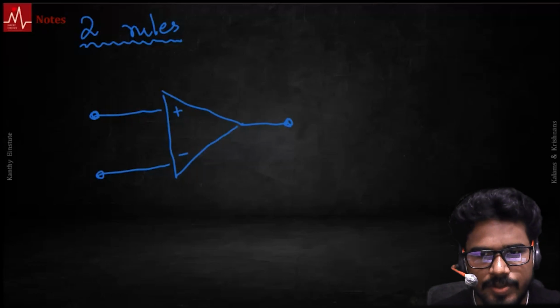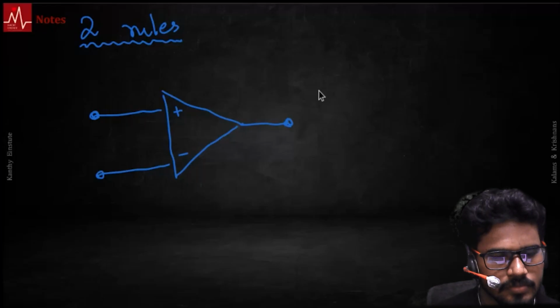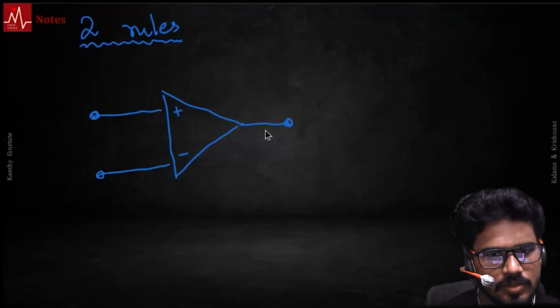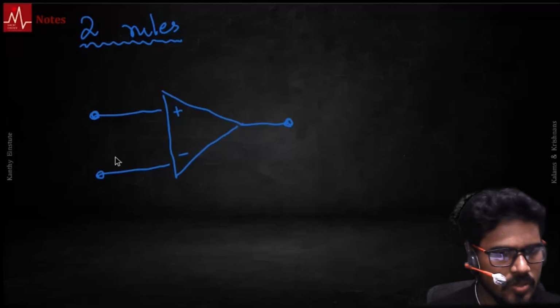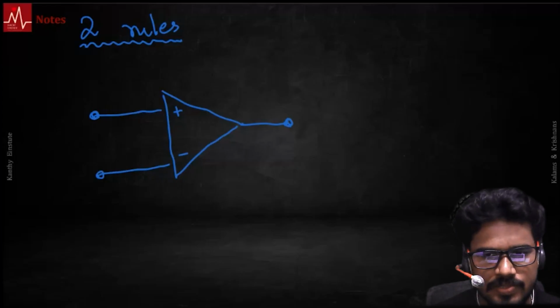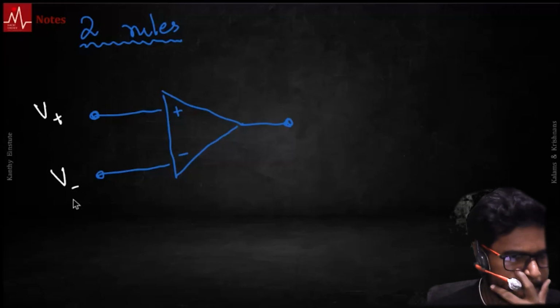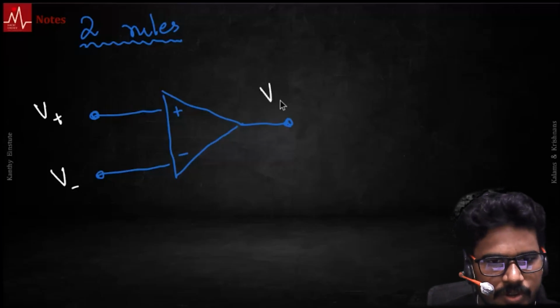The two rules that you need are, so the voltage in the two terminals, let's call this V plus and V minus. There is a V out here.